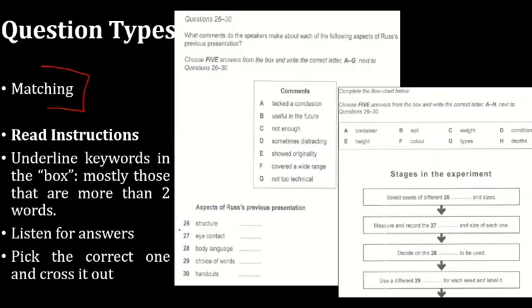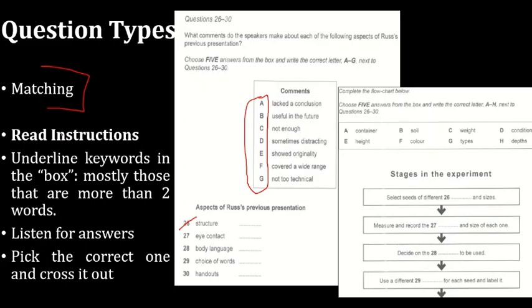They will state, let's talk about, let's say, structure. So this structure that you are talking about, what do they agree on, within these options that have been given. And remember that the answer you are picking is just A, B, C, D, E, F, and G.